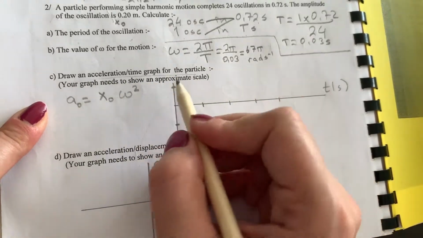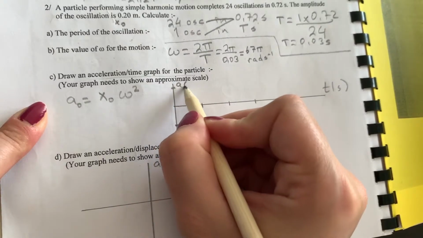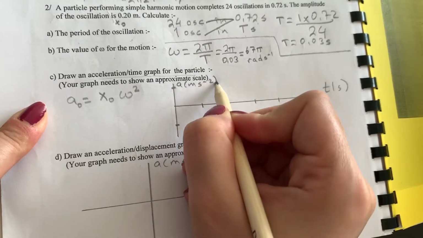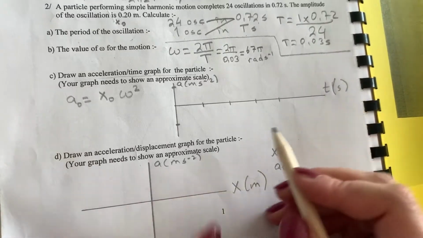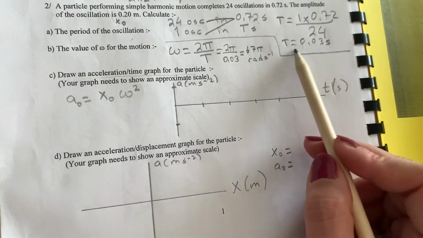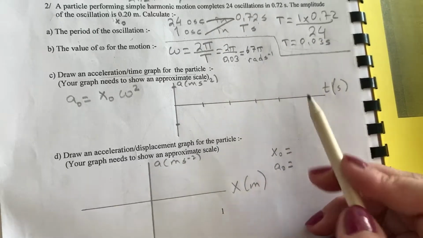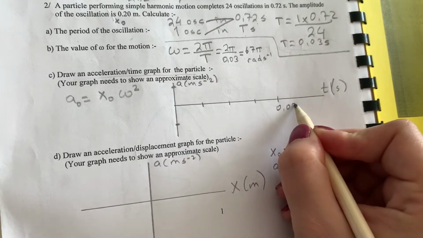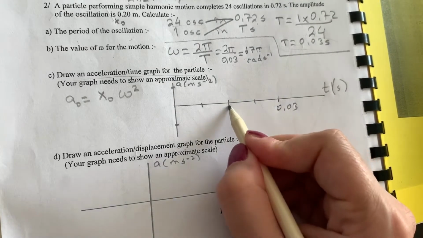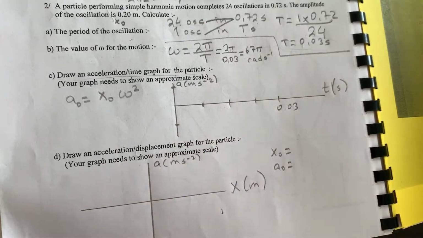So my y-axis is going to be acceleration in units of meters per second squared, and the horizontal axis will be time. I can already label the time because I know now that one period is 0.03. So that's going to be 0.03. This will be half, quarter, and 3/4 of the time.